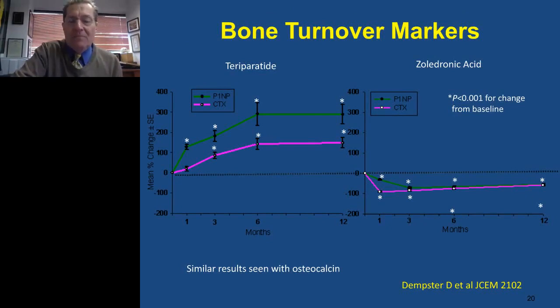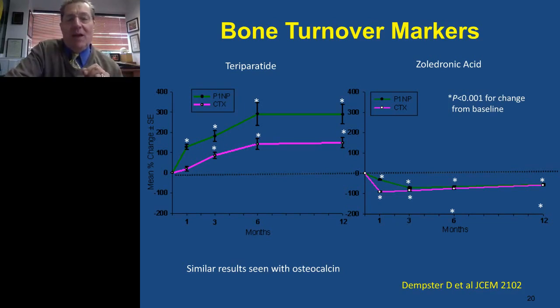Another slide by David Dempster, our good Scottish friend and histomorphometrist at Columbia University up at the West Haverstraw Hospital, in Helen Hayes, New York. This shows, again, comparing teriparatide on the left, an anabolic agent, with zoledronic acid on the right, an anti-resorptive agent, and in the green, the P1NP, in the pink, the CTX.